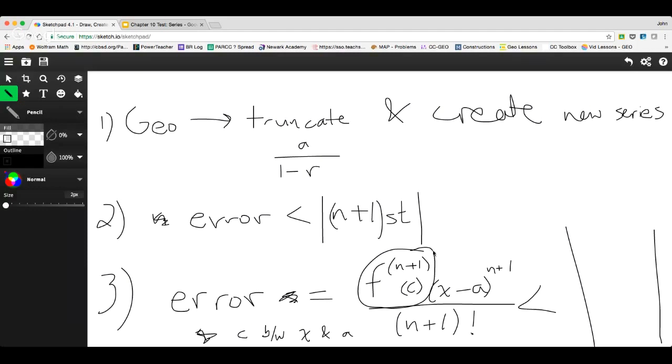And if you watch my other video, you get some more details on examples here. Then (x minus a) to the n plus 1, that'll all stay the same over (n plus 1) factorial. It's possible you'll have to bound the x minus a term as well. There was one example like that in class.